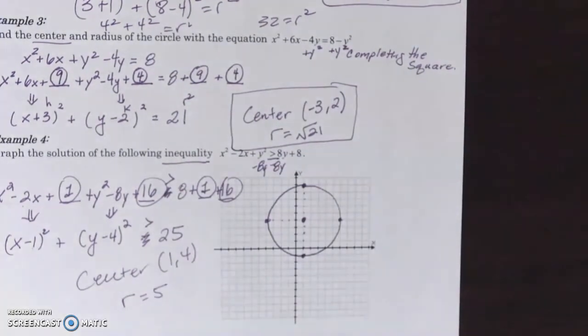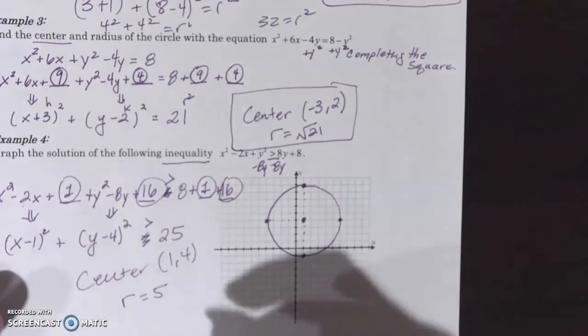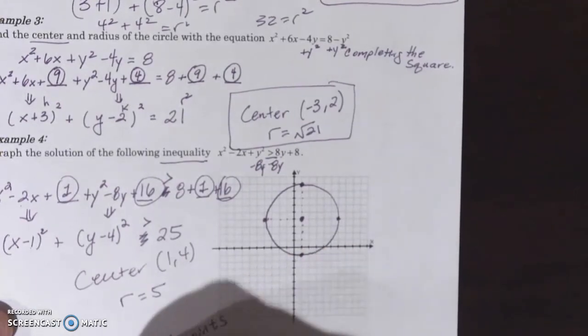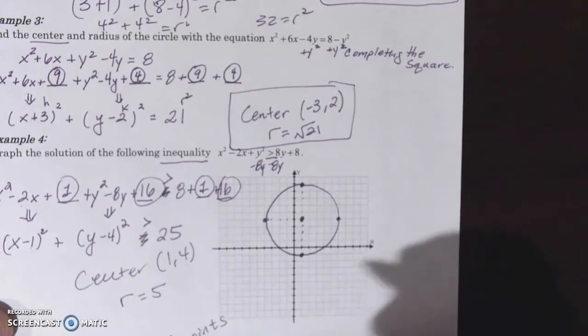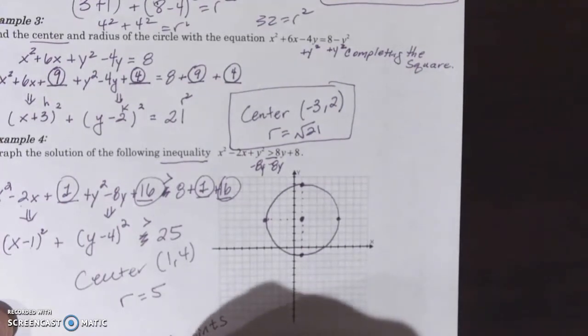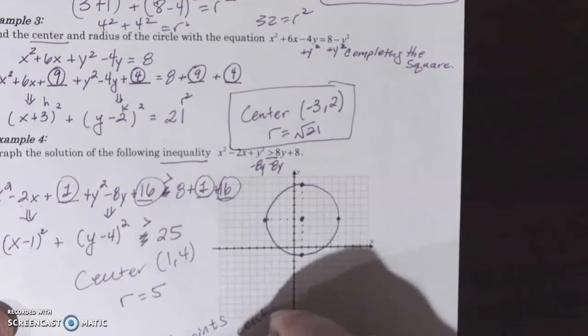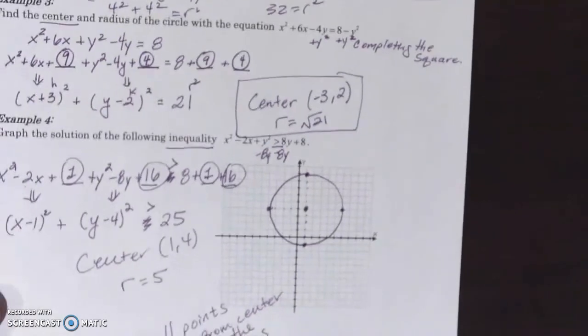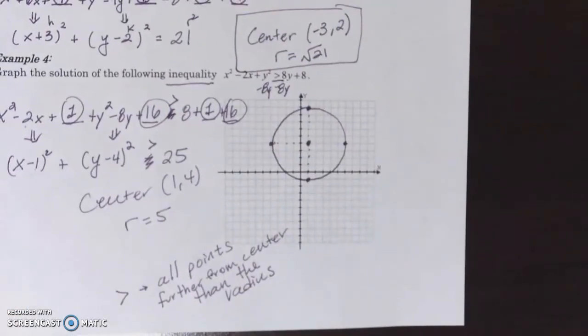When we have a greater than sign and we're dealing with a circle, greater than should lead us to all the points further from the center than the length of the radius. That's what greater than means in terms of an inequality with a circle.